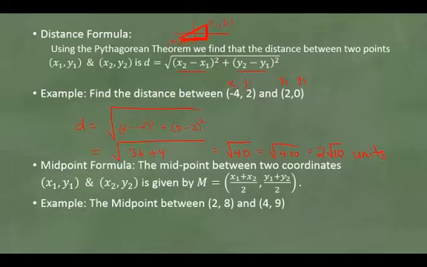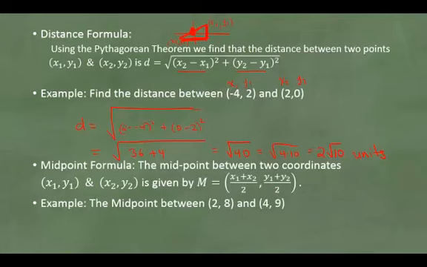The midpoint formula between two coordinates. In other words, if we wanted to find a point in between those two values, just somewhere in between, all we take is the average of the x values and the average of the y values. x1 plus x2 divided by 2, and y1 plus y2 divided by 2. Just average out those values.